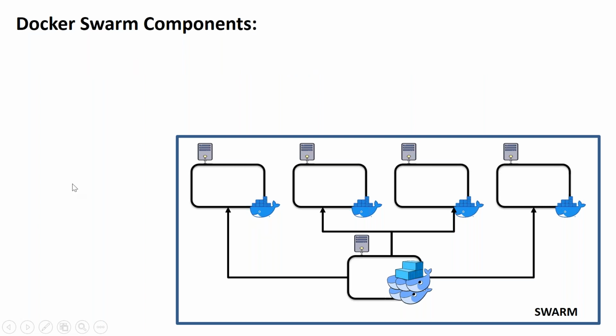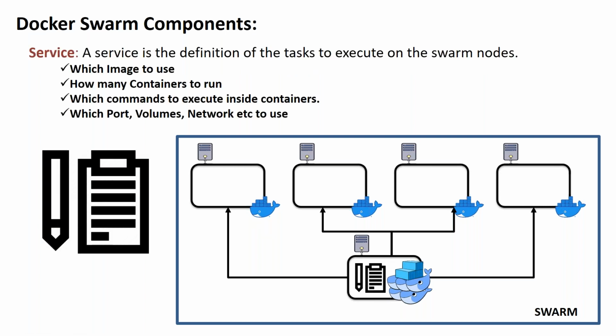Now the important thing, like I was telling you in the previous slide, is the service. Instead of going to all the machines, typically we will choose one of the machines and define the state. State is nothing but what exactly you need. That is what we call a service.